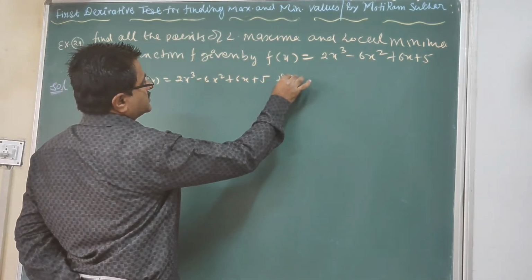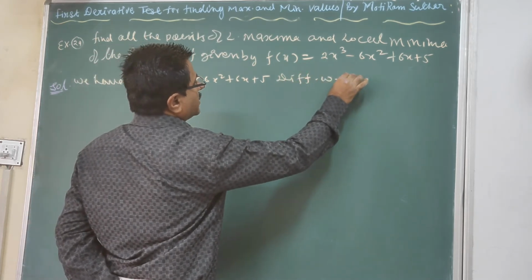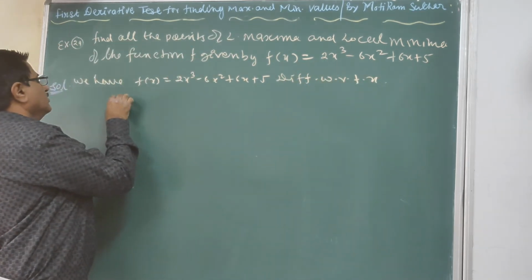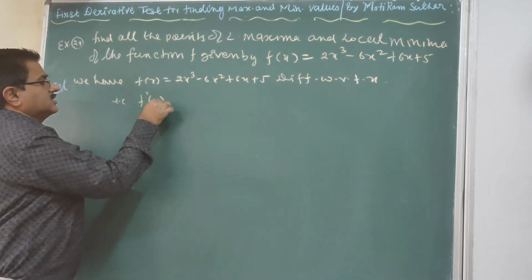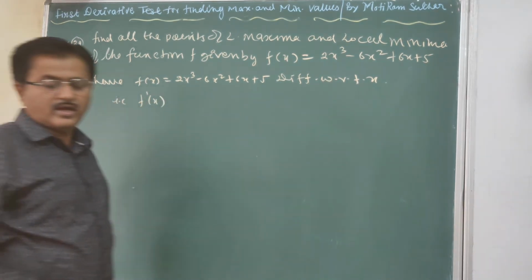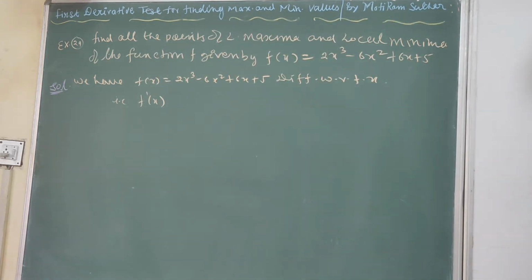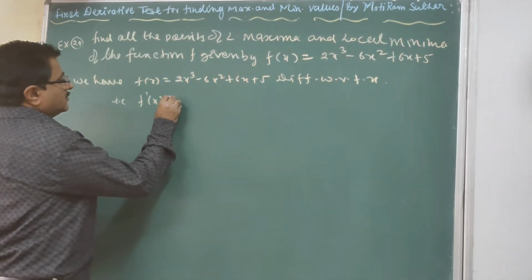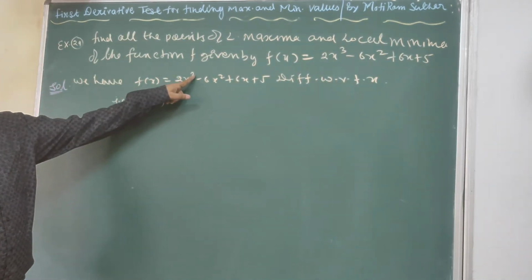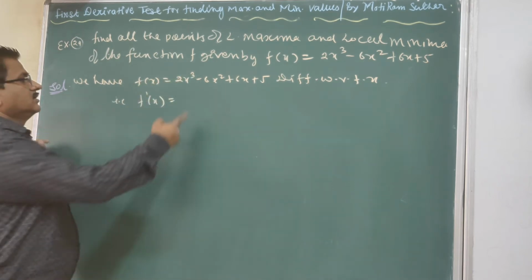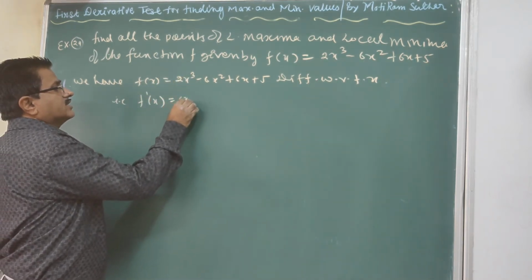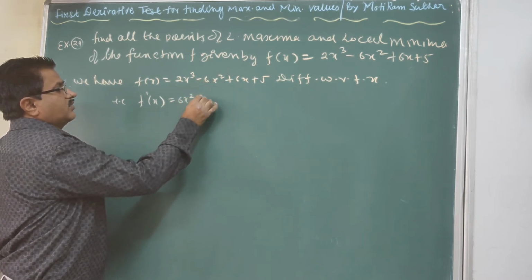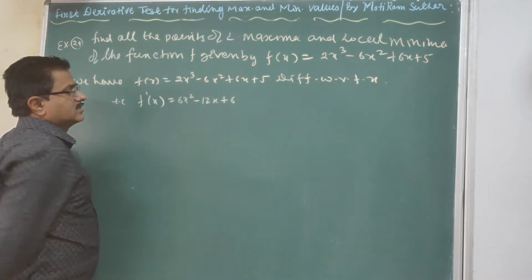Now differentiate this with respect to x. So we get f dash x equal to: derivative of 2x cube, derivative of x cube is 3 into 2, that is 6x square, minus 2 into 6, 12x, plus 6.